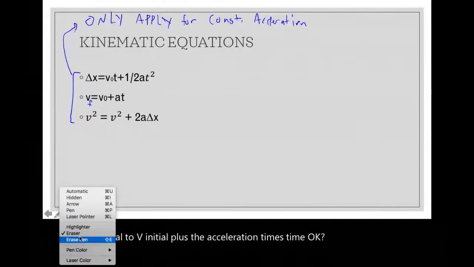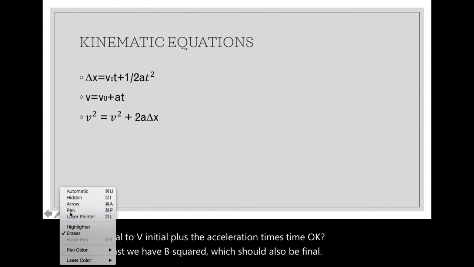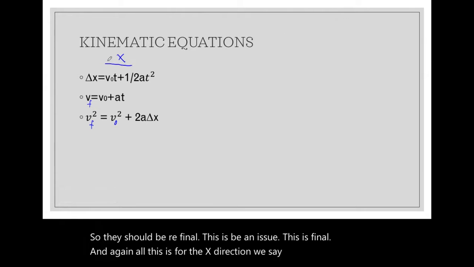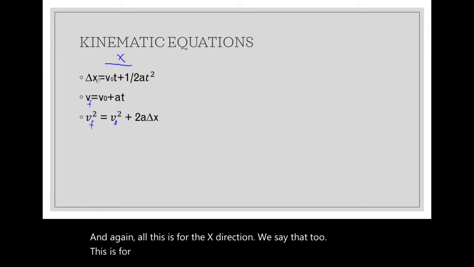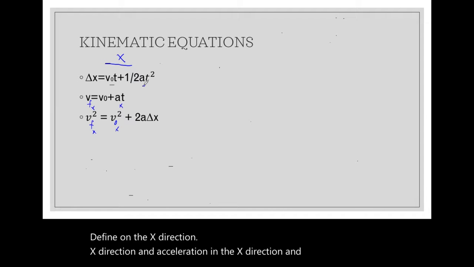And last we have v squared, which should also be final. So this should be v final, this is v initial, this is final. And again, all this is for the x direction: v final in the x direction, acceleration in the x direction.